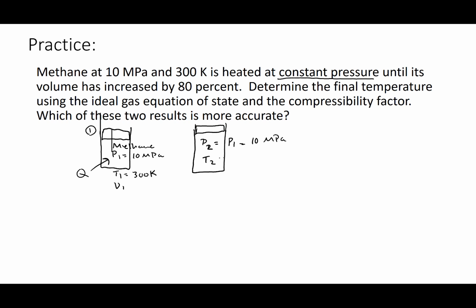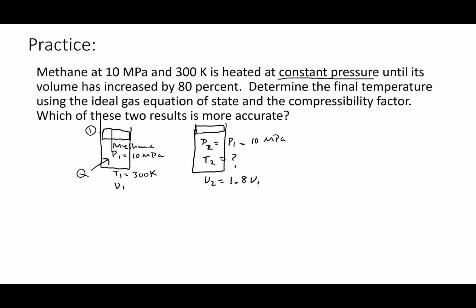T2 is what we're looking for, so I'm going to put a question mark. It says the volume is increased by 80%, so that means that V2 is equal to 1.8 multiplied by V1.